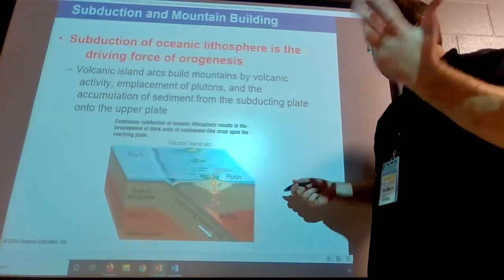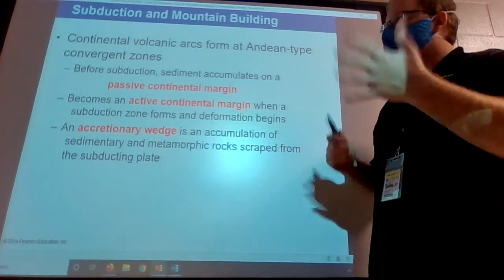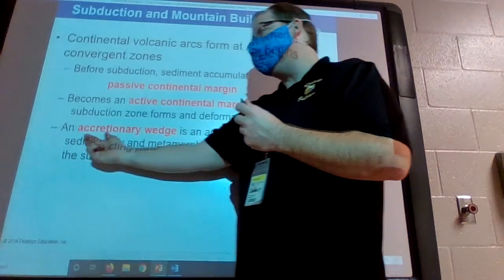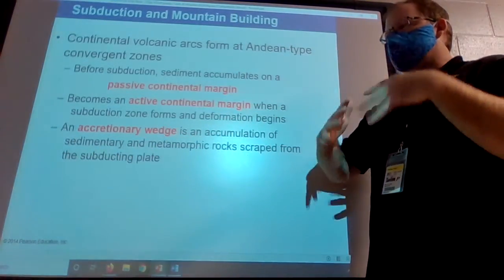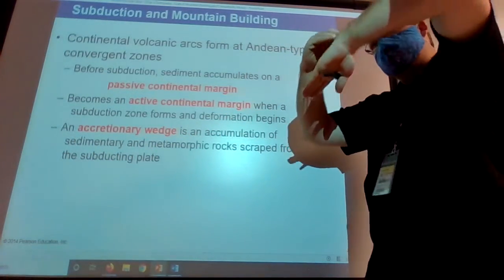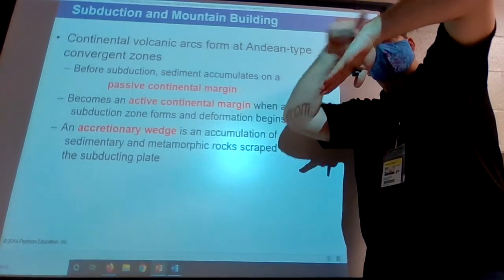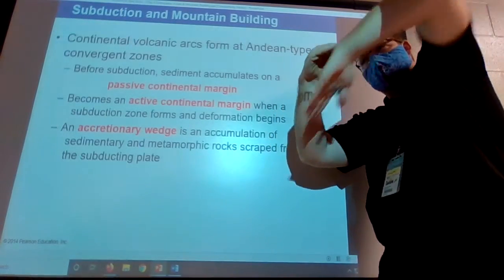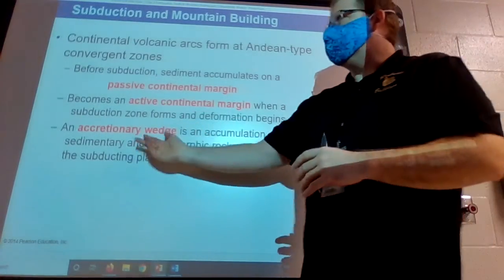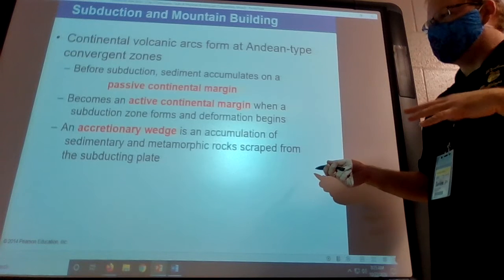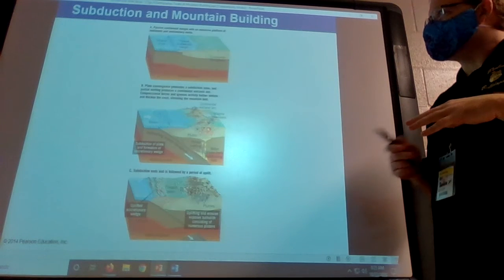And so we can actually go and see the ages of rocks and see where all that has happened. What we call that is an accretionary wedge. So any kind of material added on as it's scraped in, you can see from my arms that it would be almost wedge shaped, everything that just gets piled up in there. So that's your accretionary wedge that helps add new rocks to the edge of the continent.